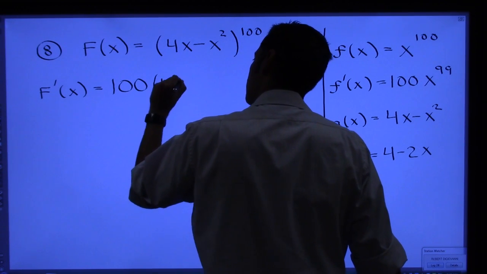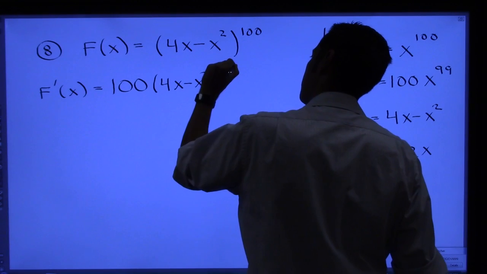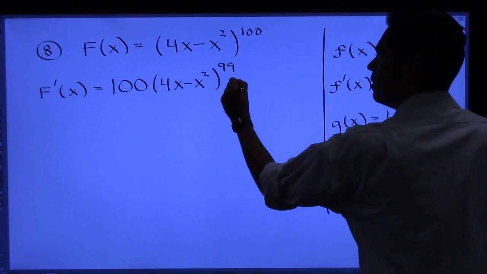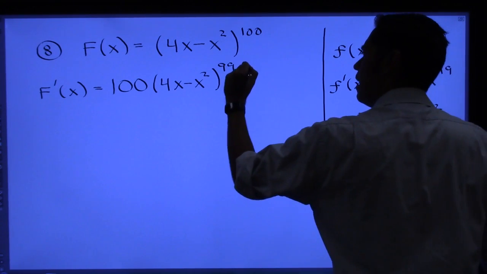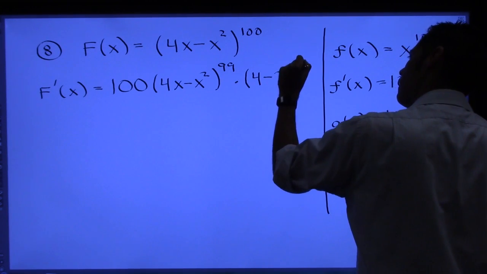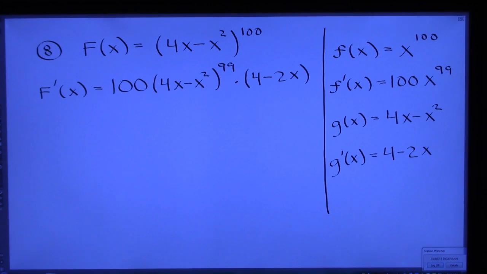So (4x minus x squared) raised to the 99, then times the derivative of g, which was the thing inside. So that's just (4 minus 2x). Two terms, so make sure you put it in parentheses. Just like that. There we go.